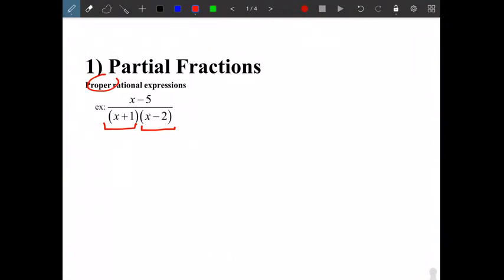When I reduce to the same denominator, how could I end up having this product at the denominator? You would basically tell me it's by adding a fraction, whatever the numerator is, with x plus 1 at the denominator, with another fraction with x minus 2 at the denominator.